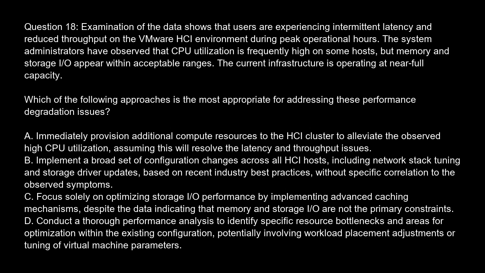Option C. Focus solely on optimizing storage I/O performance by implementing advanced caching mechanisms, despite the data indicating that memory and storage I/O are not the primary constraints. Option D. Conduct a thorough performance analysis to identify specific resource bottlenecks and areas for optimization within the existing configuration, potentially involving workload placement adjustments or tuning of virtual machine parameters.